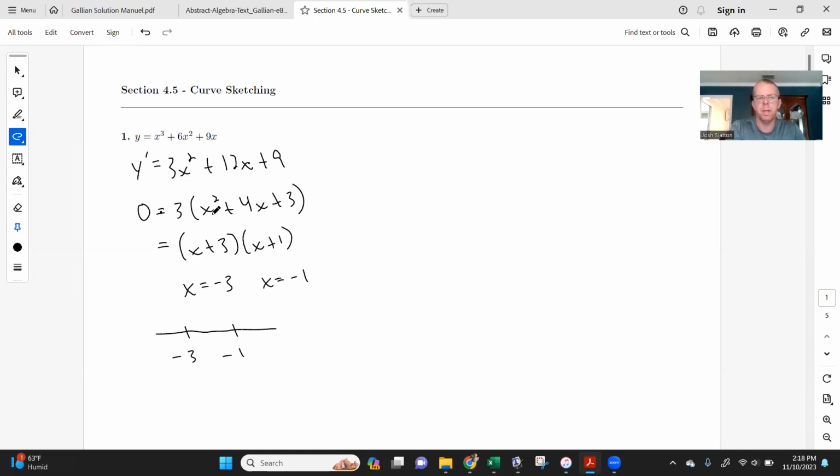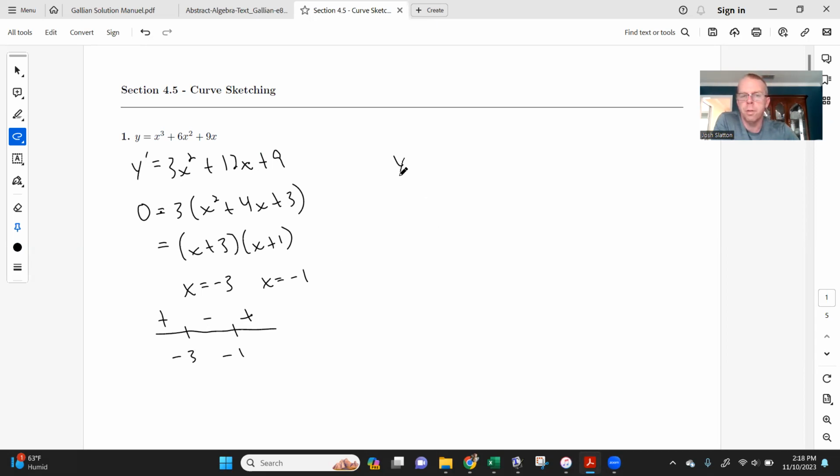But when you have a quadratic like this, with a positive leading coefficient, it's going to be a U-shaped parabola. That tells us it's going to be positive here, negative here, and positive here. So you don't have to waste time plugging in values if you can get around that.